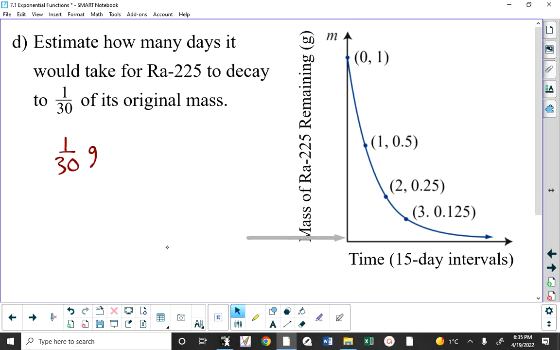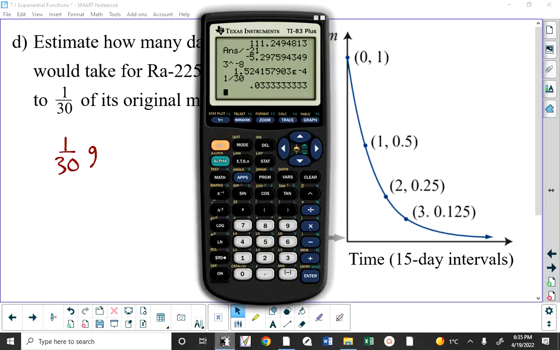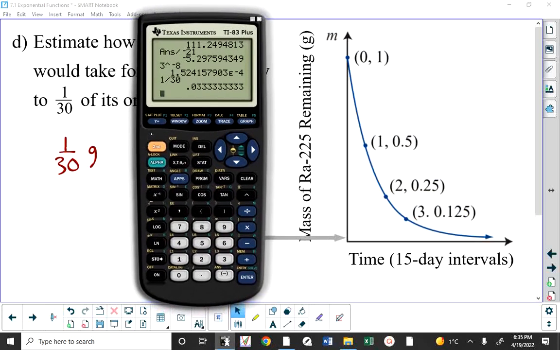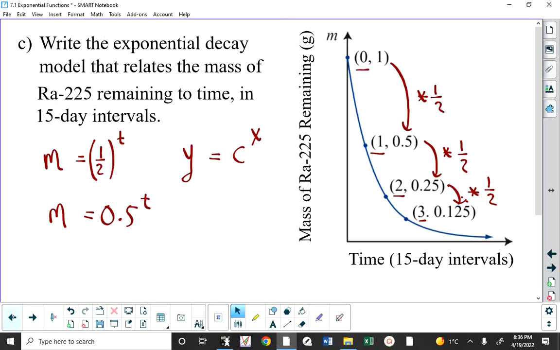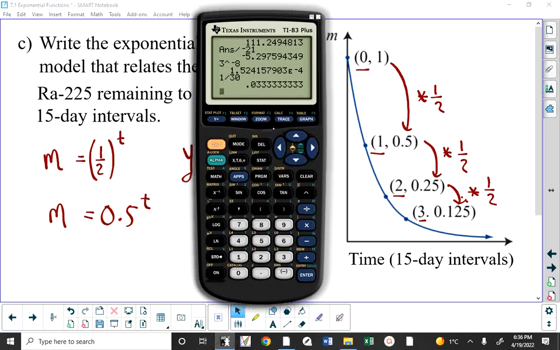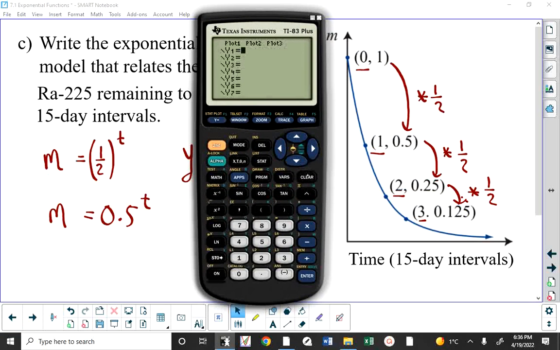It's a pretty tiny number. So the only way for us to really answer this question is to solve this graphically. We already know the equation for the mass. We can put it in for y1, 0.5 raised to the x.